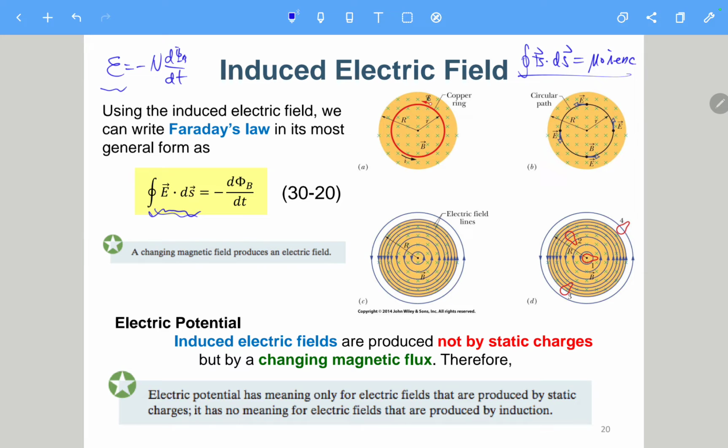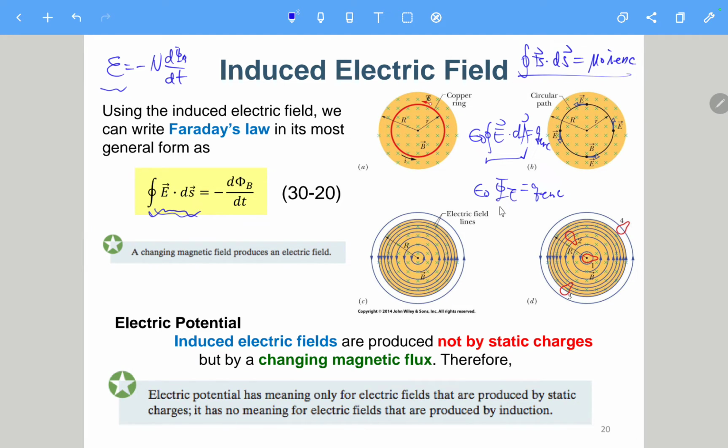Also similar to Gauss's law. When you learn Gauss's law, it is something like this, Q enclosed. And if you express this one as phi E, it will be something like epsilon naught times phi E equals Q enclosed.